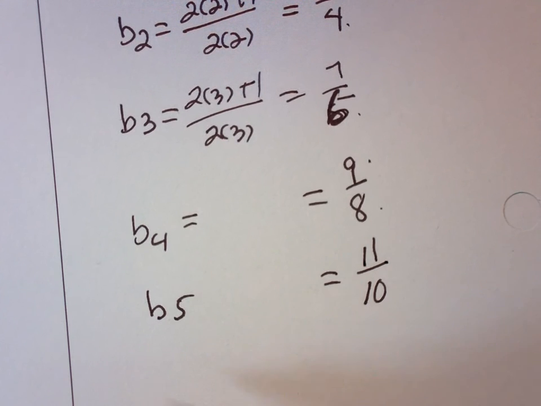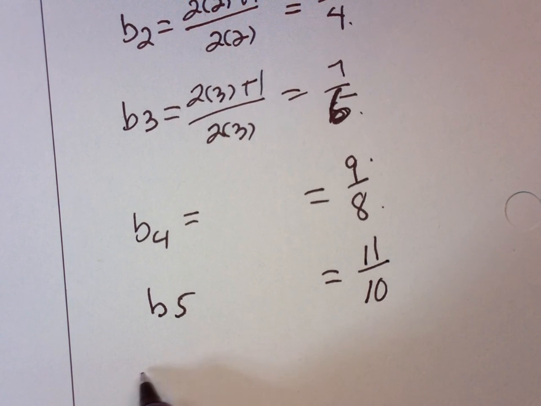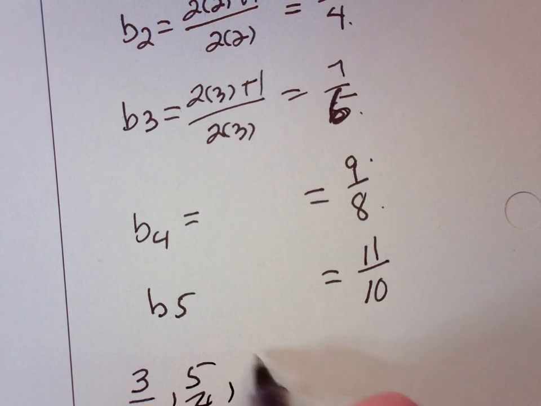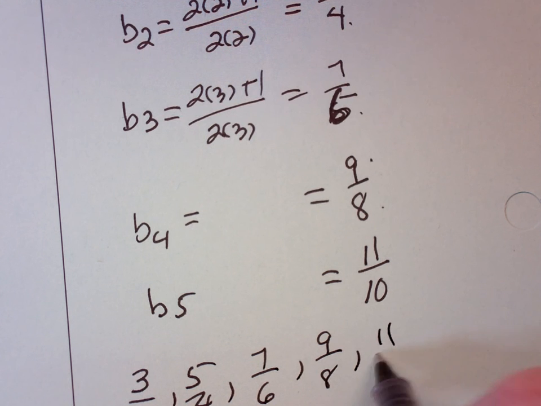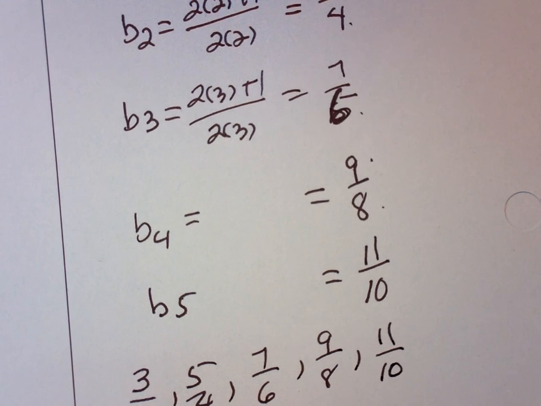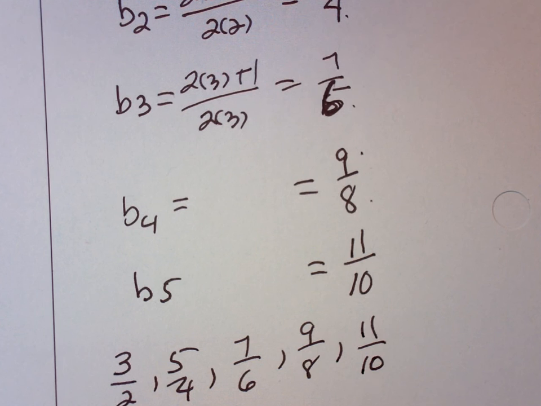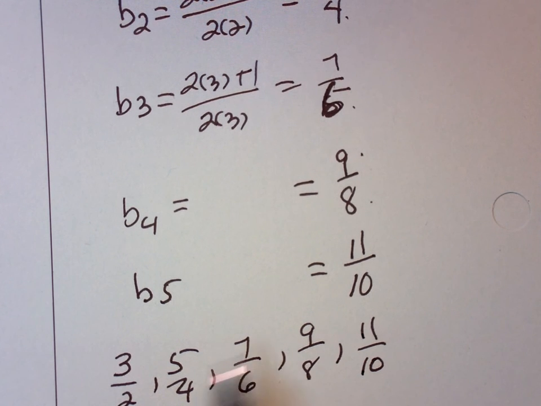So if I list the sequence itself, it's 3 over 2, 5 over 4, 7 over 6, 9 over 8, 11 over 10. That's what you would see. And I could list it all the way out because I noticed 3, 5, 7, 9, 11, next one would be 13, right? 2, 4, 6, 8, 10, next one would be 12.